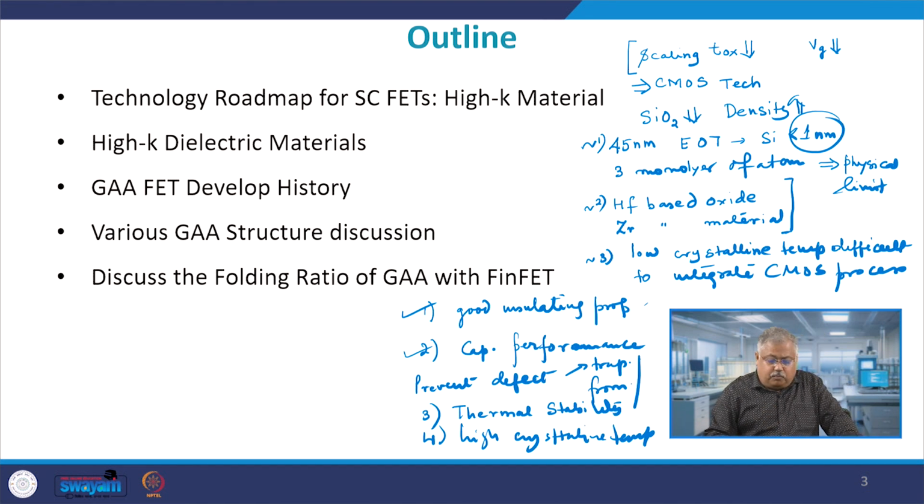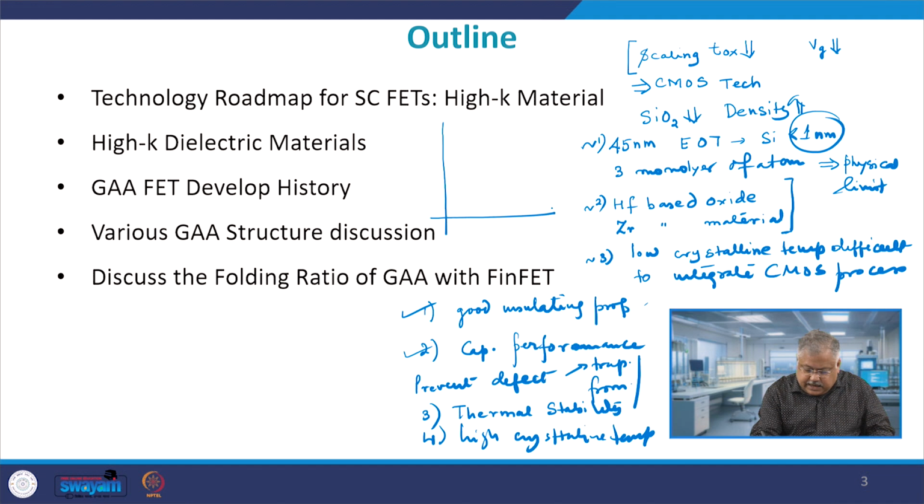Now, if you plot gate oxide thickness versus years, let us suppose this is 1990 and this is about 2005. I am giving you slightly old data. It falls down drastically to a very low value.